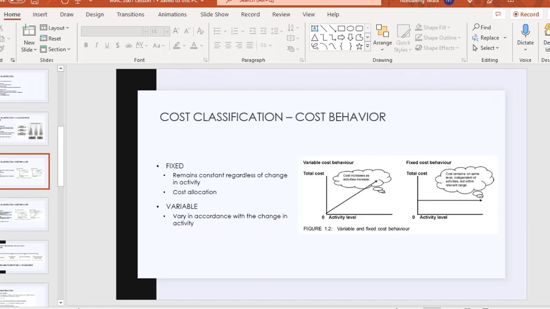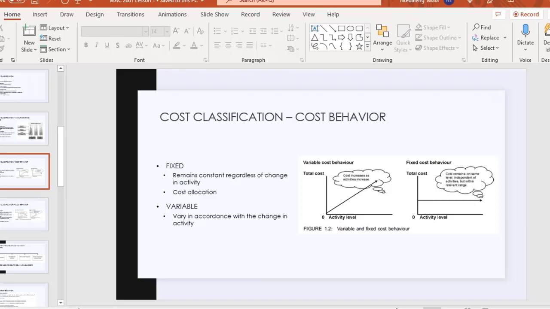Anything over and above the 250 airtime is a variable cost, because it will be based on your consumption, meaning the number of phone calls that you make over and above the 250. They will bill you for that. And with the data also, anything above 2 gig, the more you go on WhatsApp or Instagram above that 2 gig, they will charge you.